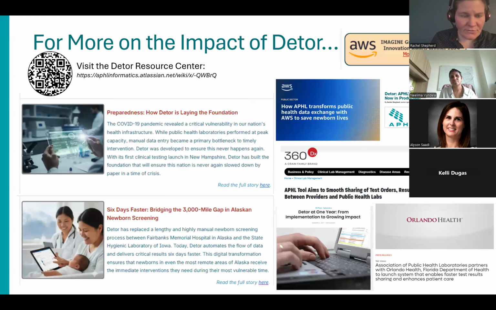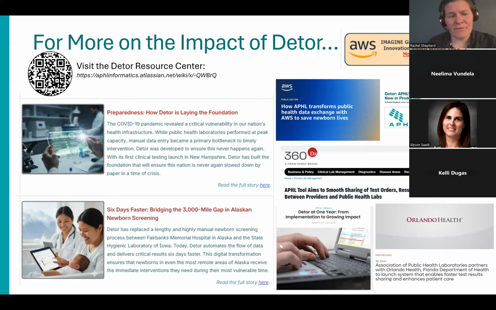I briefly wanted to mention we do have an ETOR Resource Center that is publicly available. Here you can read some of the specific stories from different sites and states that are in production. You can see some of our news coverage and reviews. What might be of interest is our implementation handbook.